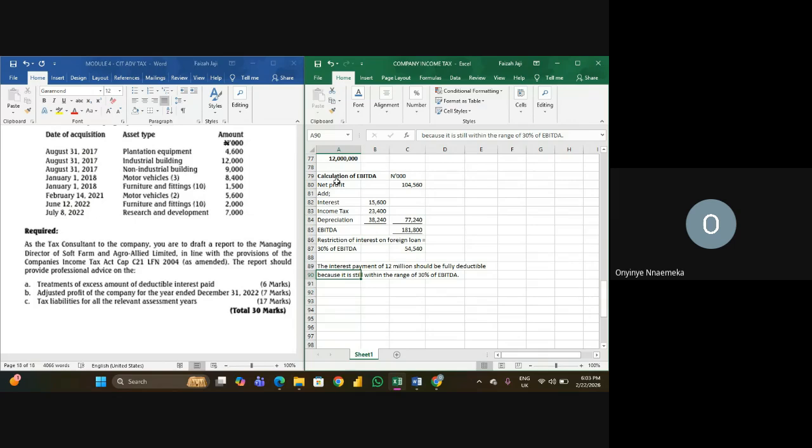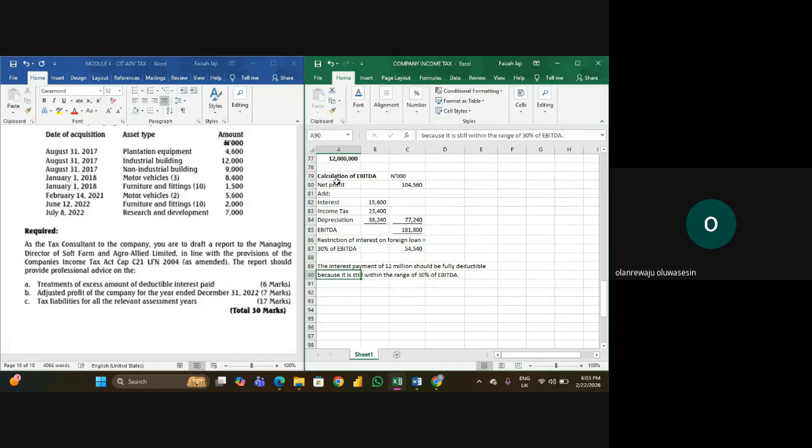So if you want to write your report, your first paragraph will be thanking the company for taking your service, something like that. You have to thank them and tell them that you received their request to shed light on some things. Then your next paragraph will start with the solution to the question.